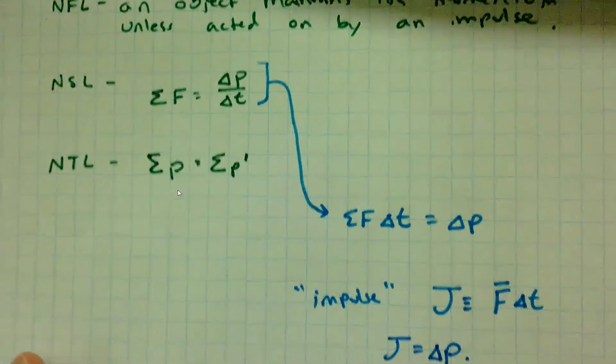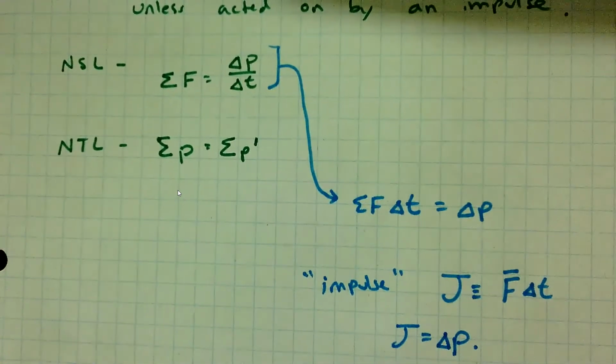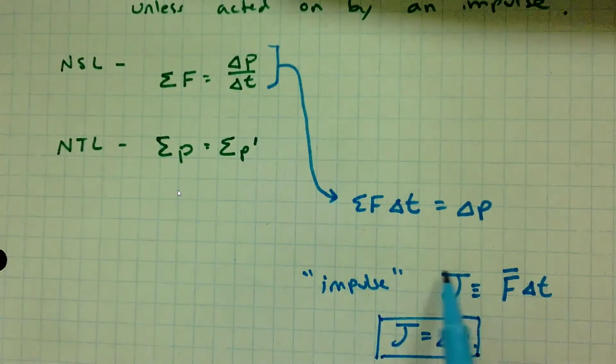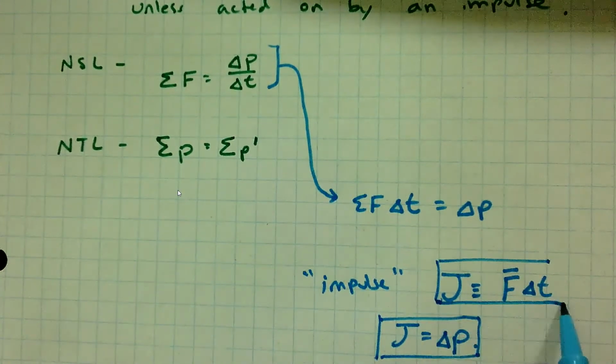In other words, J equals delta P. So the two new equations are this one and this one.